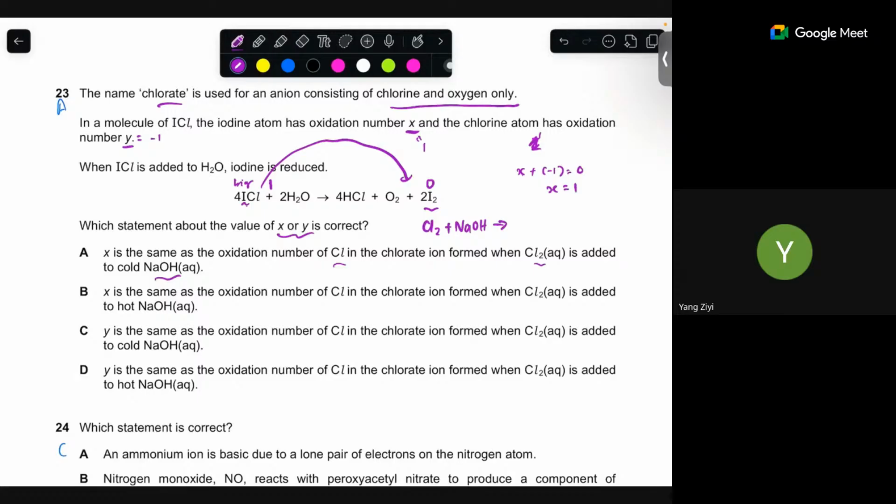This one I want your help. ZE, can you check Cl2 plus NaOH? What is the equation for the cold? And then Cl2 with NaOH when it's hot.